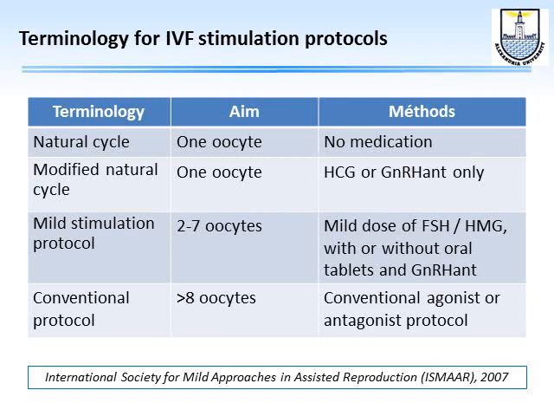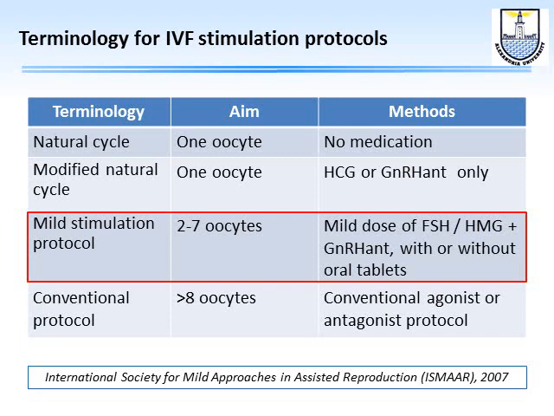We don't need 20 or 30, in which case you give a smaller dose of HMG or FSH, and sometimes with or without clomid or any other tablet, and then give a GnRH antagonist in order to prevent any LH rise. And then finally, we have the conventional protocols about which we have been speaking previously, the agonist protocols and the antagonist protocols.